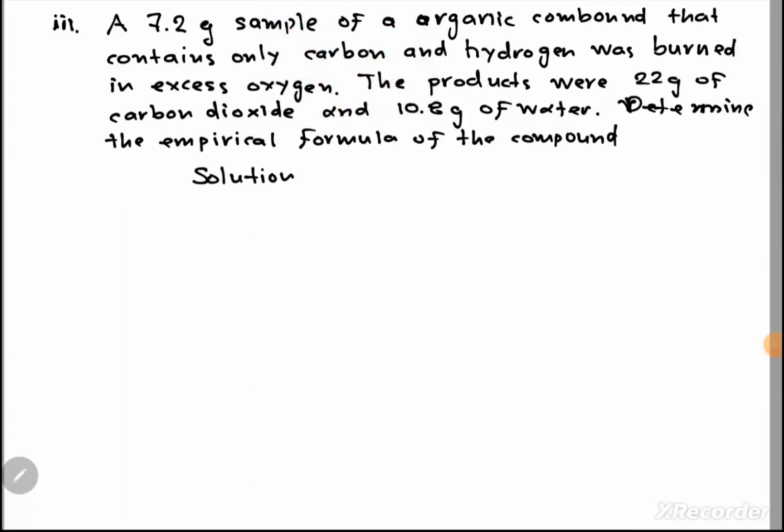In this example, we don't have exactly the amount of carbon and hydrogen in the given mass of organic compound. We must find first the mass of carbon from the mass of carbon dioxide and the mass of hydrogen from the mass of water, which are products of combustion.